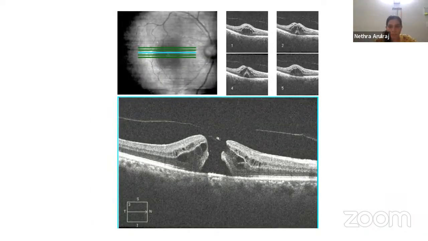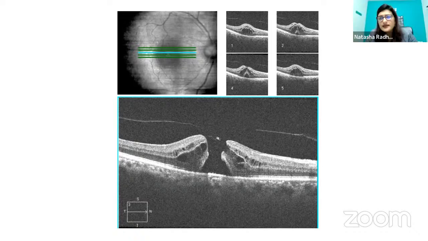This is the OCT of the right eye showing a full thickness macular hole with vitreous separation. According to Gass classification, this will be grade 4 because it has a full thickness macular hole with complete vitreous separation. Can you tell us the Gass classification? Gass classification is classified as 1A, where there will just be a yellow spot with a foveal depression and no vitreous separation. 1B will be a yellow ring with normal foveal contour and no vitreous separation.